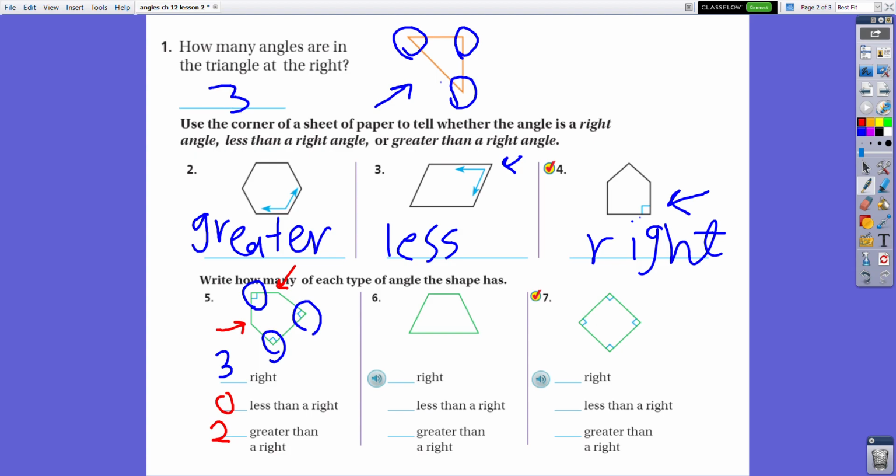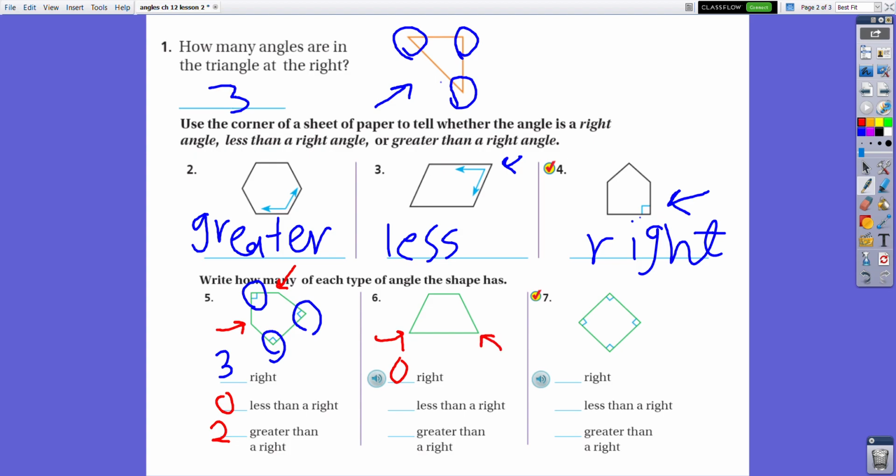Do you understand? Okay, look at number 6. In shape number 6, how many right angles are there? When I say right angle, look at the little square, the clue. Is there any square here? Is there any clue as we say it? No. So it's 0 right angles. How many less than a right angle? So this one and this one.